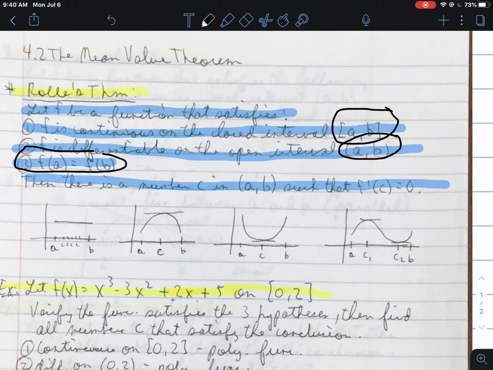Those are the three hypotheses, we call them. So the question might say, verify the three hypotheses of Rolle's theorem, and then find a value c that satisfies the conclusion. And the conclusion for Rolle's theorem says that if the three requirements are met, then we guarantee you that there is at least one number c, there could be more, in the interval from a to b where the derivative is equal to 0.